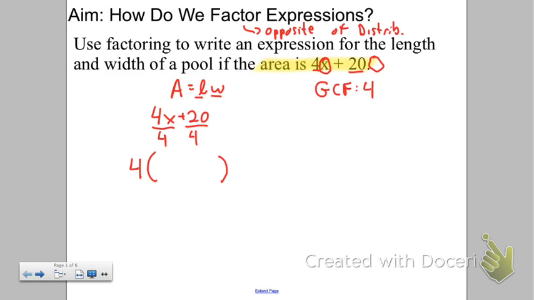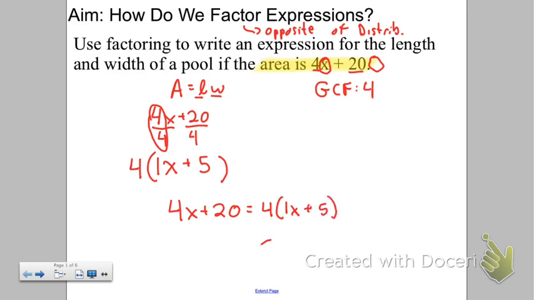4x divided by 4: I can do 4 divided by 4 first, which gives me 1, and the x just comes down. Positive 20 divided by 4 is a positive 5. So 4x plus 20 is equal to 4 times the quantity 1x plus 5.